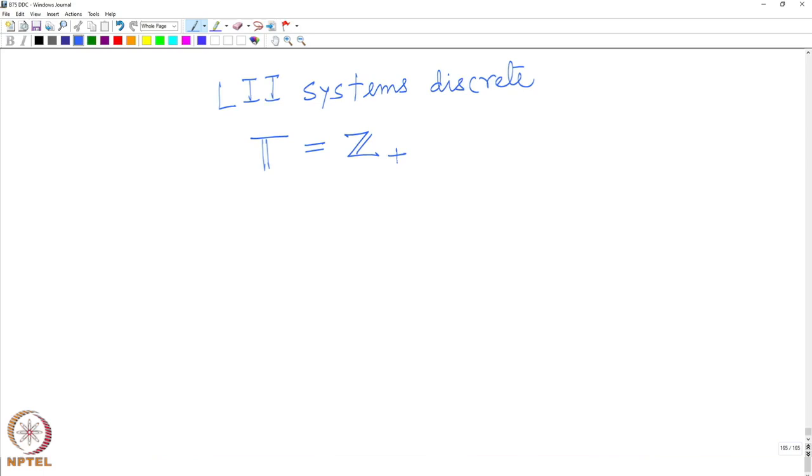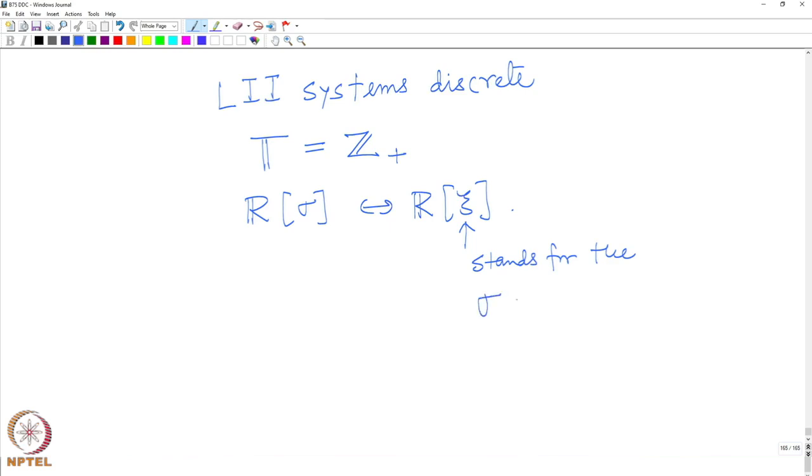I will give it to you as an exercise to prove it over Z. Now look at T equals Z plus, and I had said that the operator ring in this case is R sigma, which I will also write as R xi, and it will be understood that this xi stands for the shift operator sigma. We have defined this shift operator as the left shift.